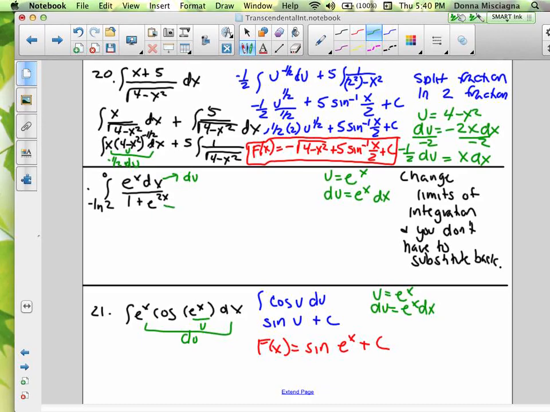No, this is the u. This will be u squared, because e to the 2x is the same as e to the x squared. And so we're just replacing the e to the x part. So it's a little unique. And let's change the limits of integration too. So we'll rewrite this and change the limits of integration.